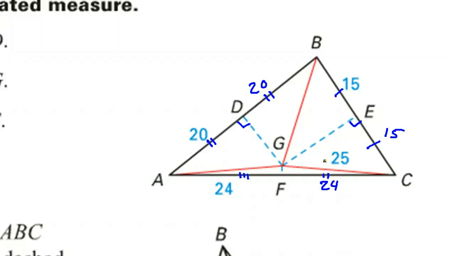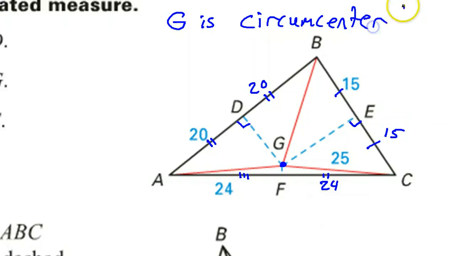Also, if this point G is the intersection of these perpendicular bisectors, that means point G is the circumcenter. That's what you get when you cross perpendicular bisectors inside of a triangle.